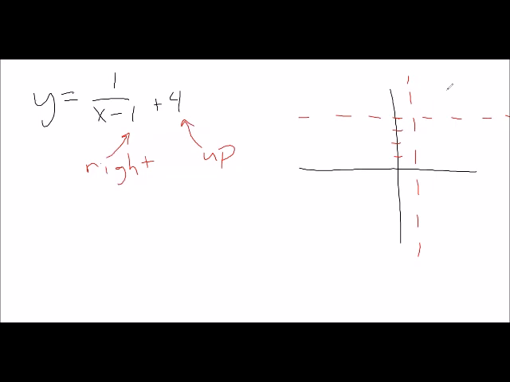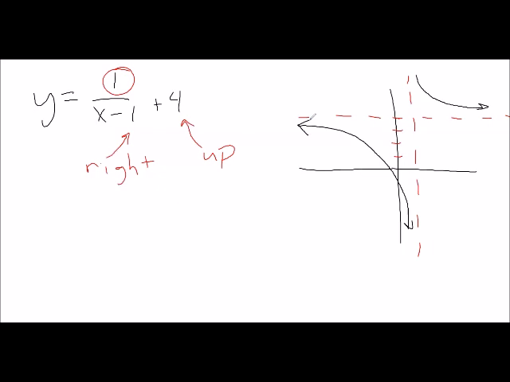Now, looking over here at the positive 1 on top, that's going to tell us that it's a positive rational function. So it's going to mirror or match the same function that we had originally, where we're in that upper right quadrant, and then the lower left quadrant, to resemble the same shape, it's just been shifted to the right and up.